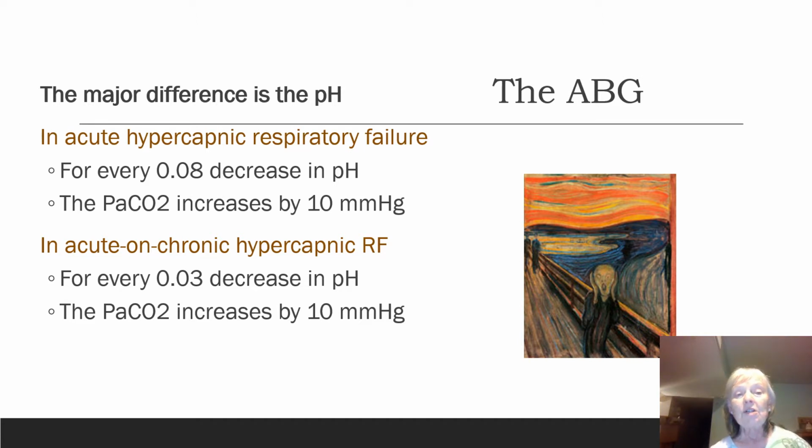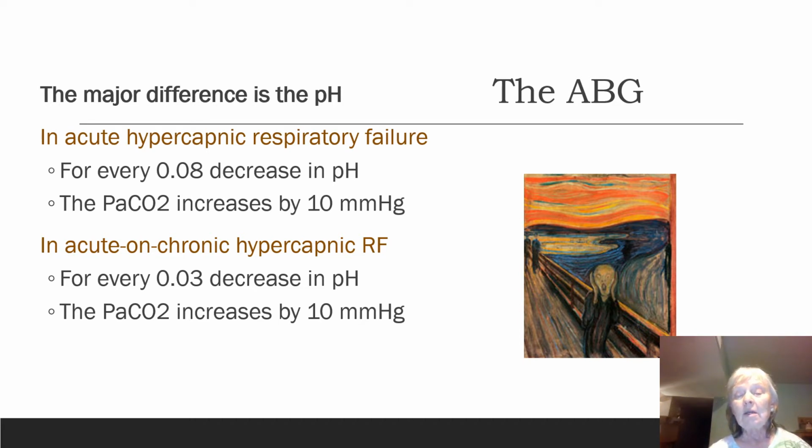Remember, in order to determine acute hypercapnic respiratory failure, once we have our blood gas, we start with a pH of 7.40 and a PaCO2 of 40 millimeters of mercury. In acute hypercapnic respiratory failure, every time the pH decreases by 0.08, your PaCO2 will increase by 10 millimeters of mercury.